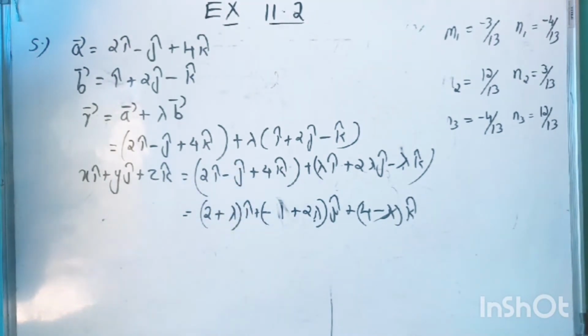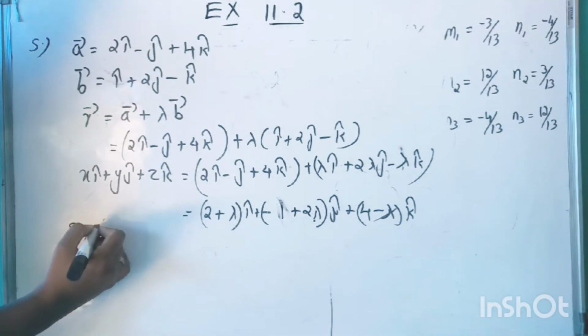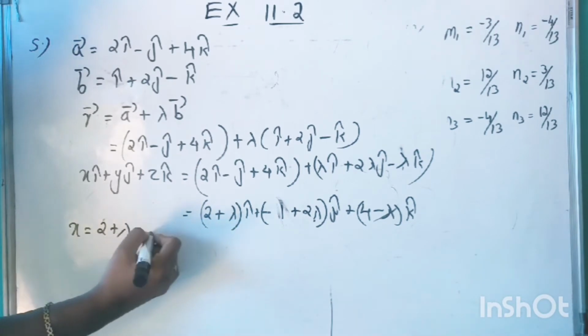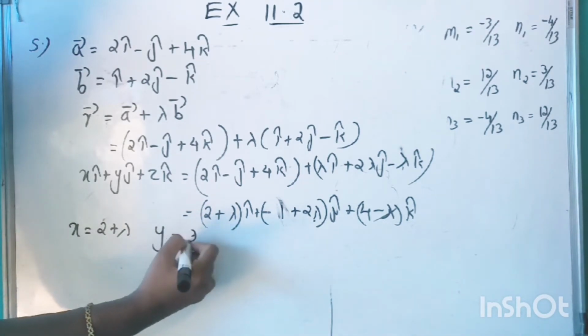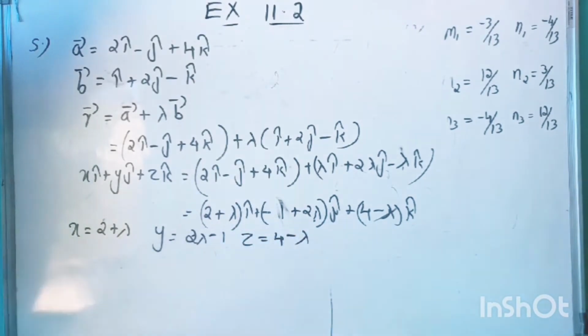Now on LHS and RHS we have vectors. They are equal, so just equate the corresponding components. We will get x is equal to 2 plus lambda, y is equal to 2 lambda minus 1, and z is equal to 4 minus lambda.